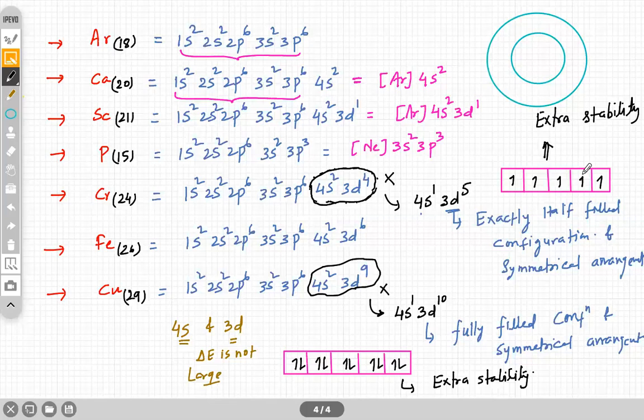Then only the stability will be more. So repulsion will be minimum when the arrangement is symmetrical. If this one is repelling this electron, the other one is going towards the other electron, right? So the net thing is what? The net repulsive or attractive force present over there decreases the energy of the atom, right? So it is basically the arrangement of electrons which affects the energy.